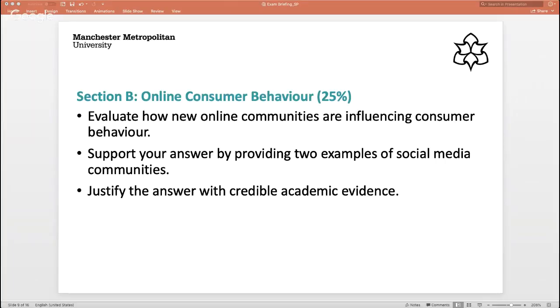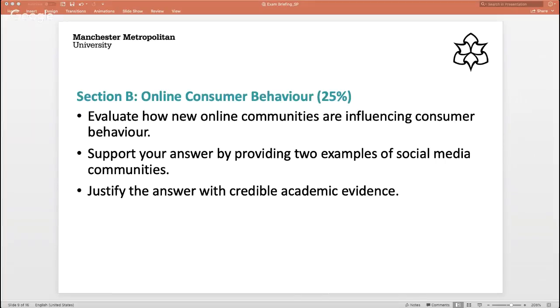Whereas on Instagram, it might be communities where people have followed an influencer interested in health and fitness and are getting tips and changing their consumption online and where they purchase their gym attire based on what is put on that Instagram account.